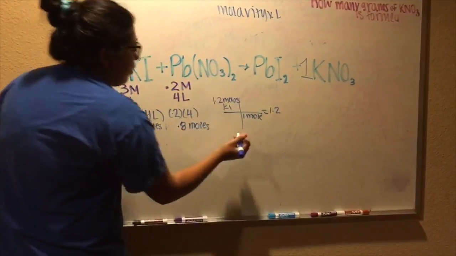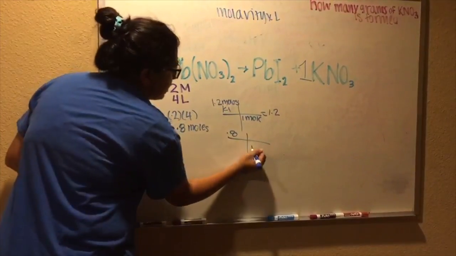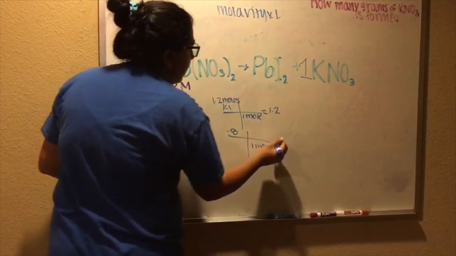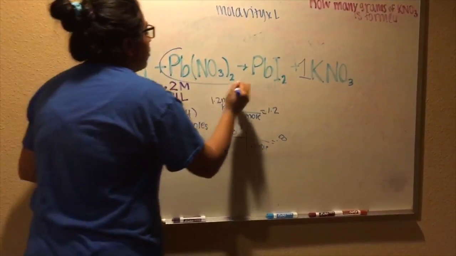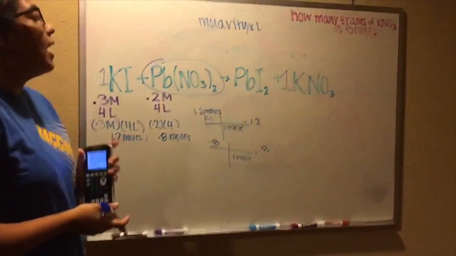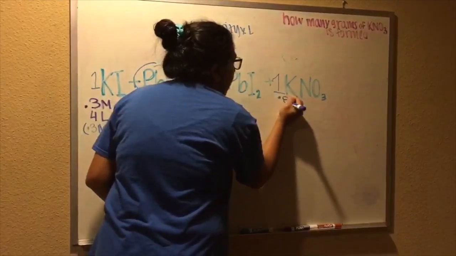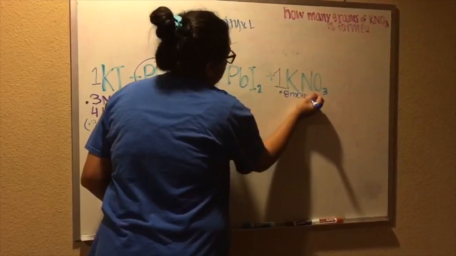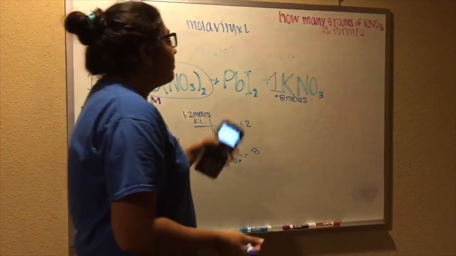And then for the 0.8, it's going to be basically the same thing. So since 0.8 is the smaller value, you know that PbNO3 is going to be your limiting reactant, and that's going to produce 0.8 moles of KNO3, because like I said, it's a 1-to-1 ratio for everything, so it's all going to end up with the same.